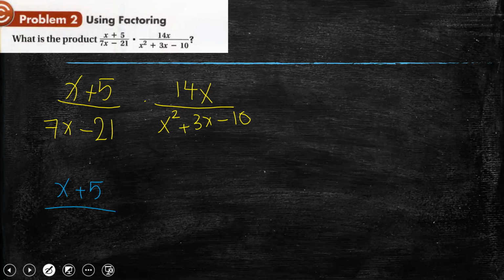Now look at the denominator here. We have 7x minus 21. Can I simplify it? Yes, by taking 7 as a common factor. We have 7 times x and 7 times 3.